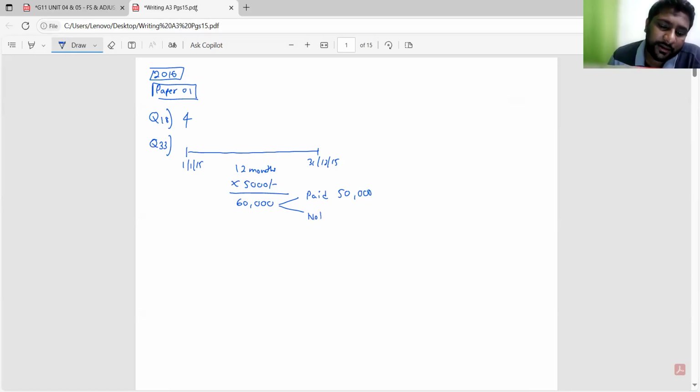Not yet paid 10,000. This not yet paid 10,000, we will call it as what? Accrued rent. Not yet paid 10,000.